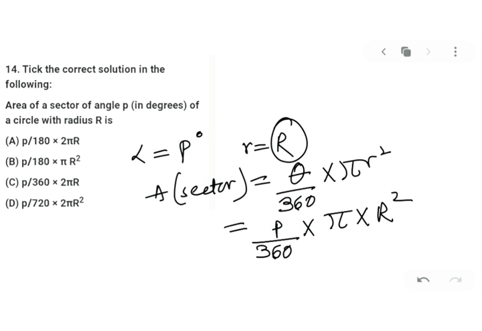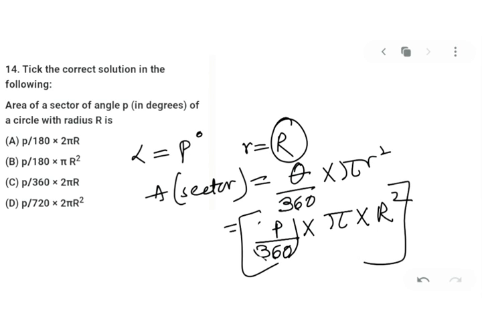Okay, if I don't have this option, what shall I do? If I divide this by 2, I'll get P upon 180 into pi r square. Shall I just do one thing?